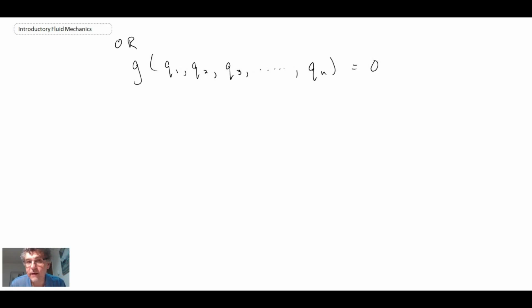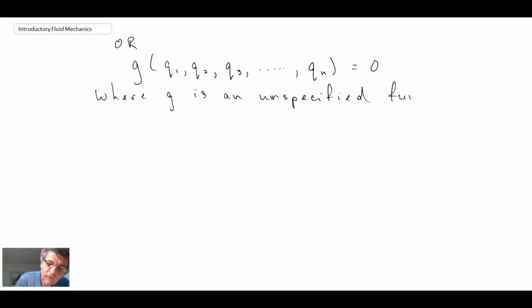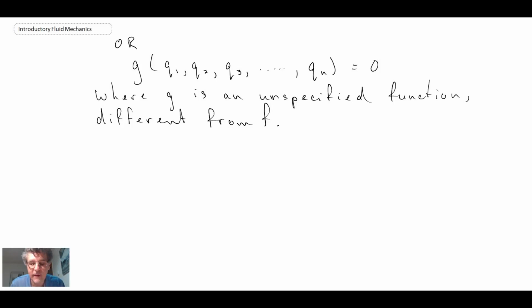You could write that as another functional relationship yet to be determined. So let's assume that we have a scenario where we have all of these different parameters, 1 through n. One of them is dependent, the others are independent.